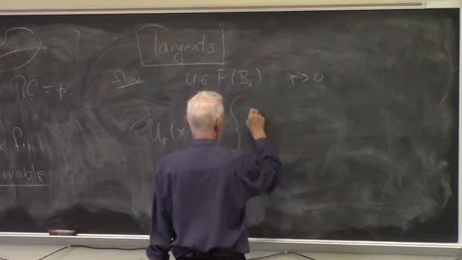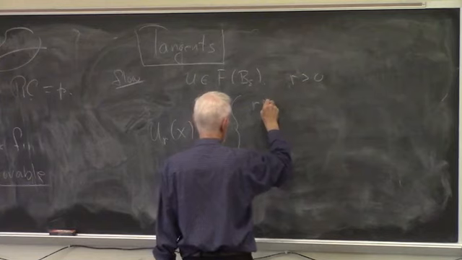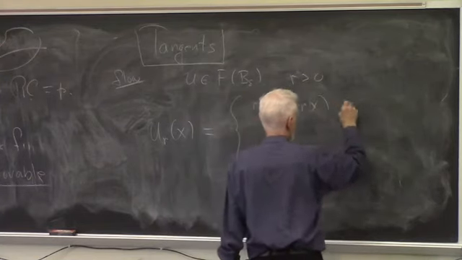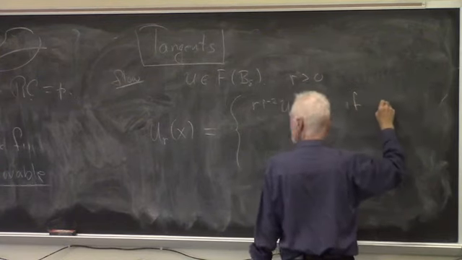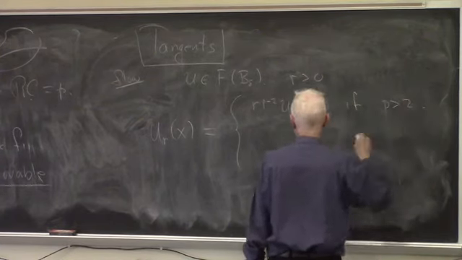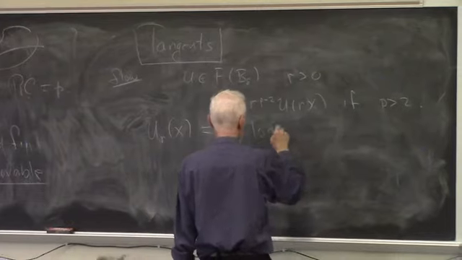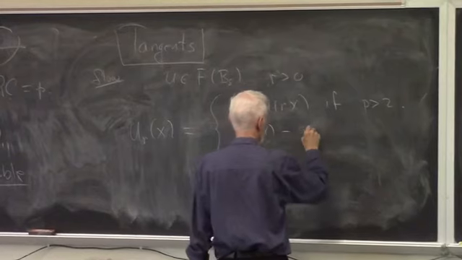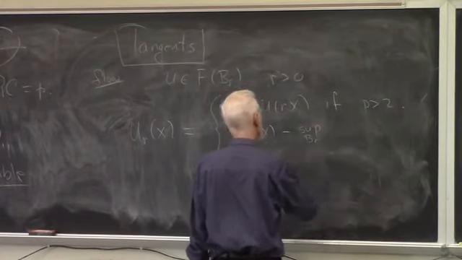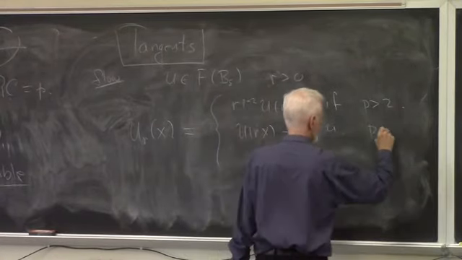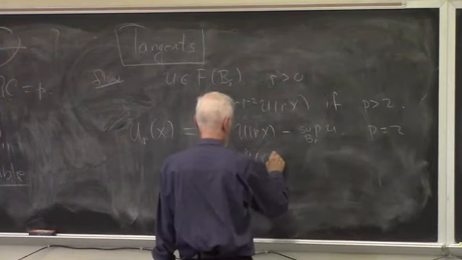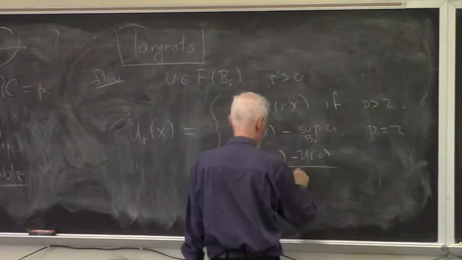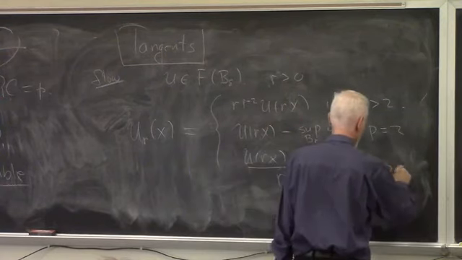If p is bigger than 2, it's going to be r to the p minus 2 times u of rx. For p equals 2, it's going to be u of rx minus the sup on the ball of radius r of u. And in the range p less than 2, it's going to be u of rx minus u of 0 over r to the 2 minus p.